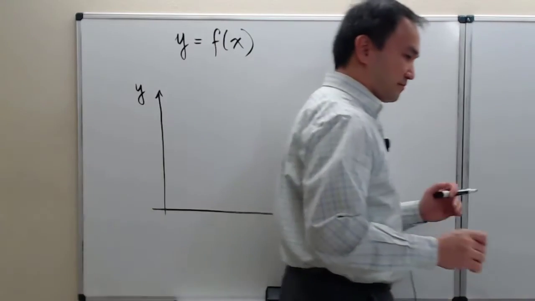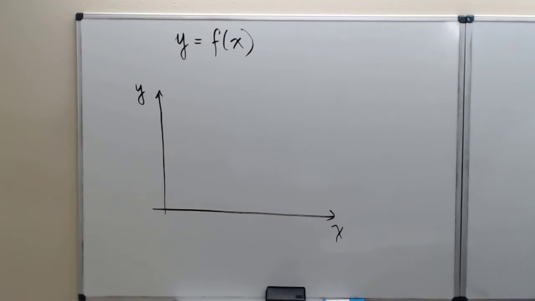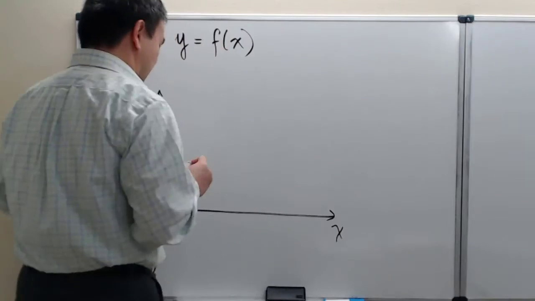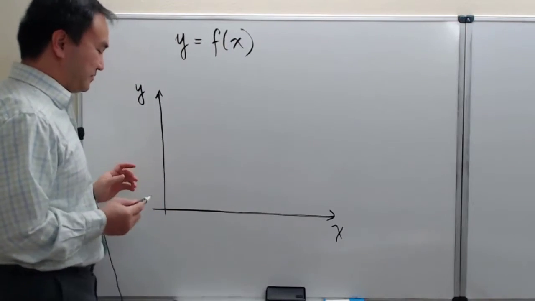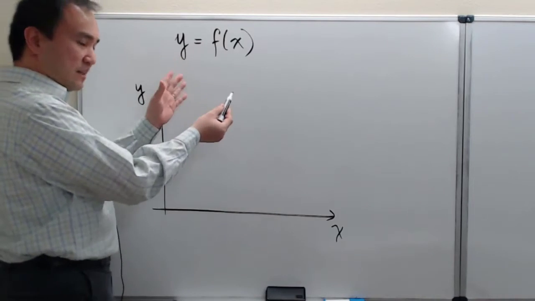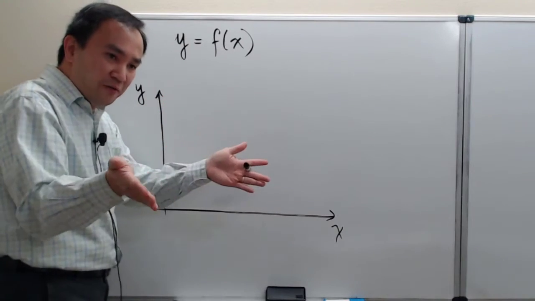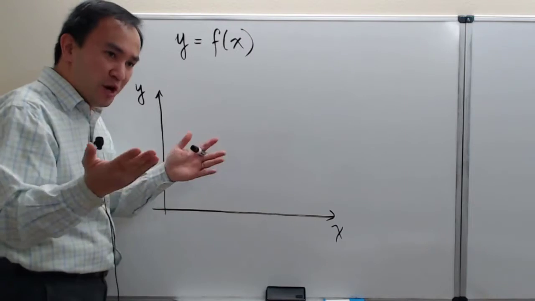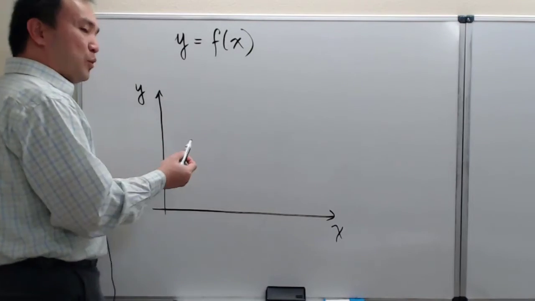And in a graph like this, like I said, let's not be too worried about what function that is. Is that a cubic? Is that a square function? That's not the point to be worried about right now.